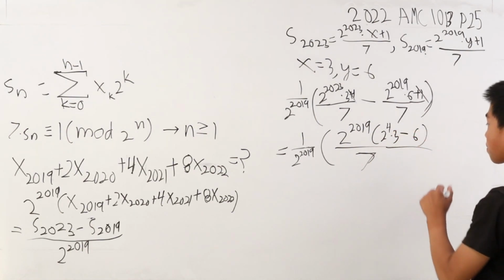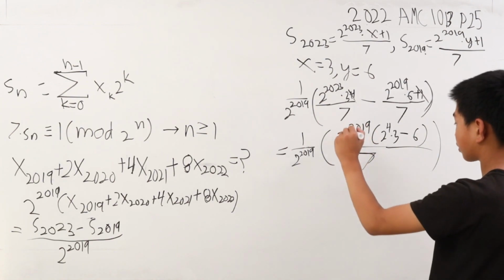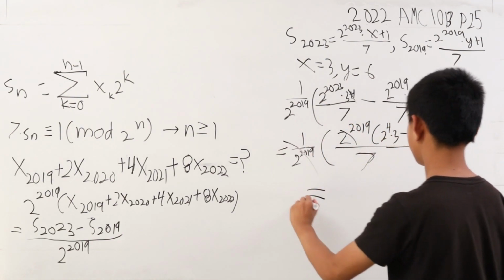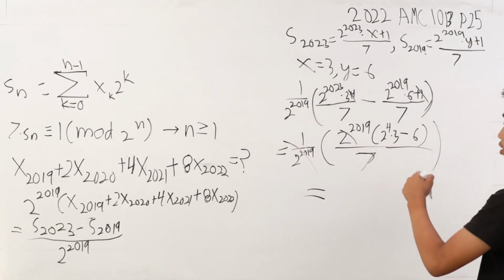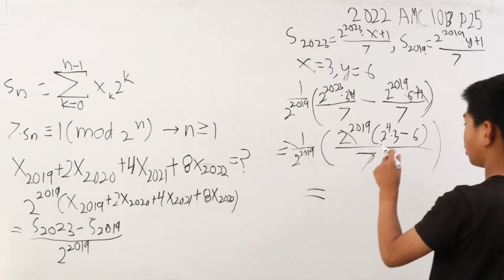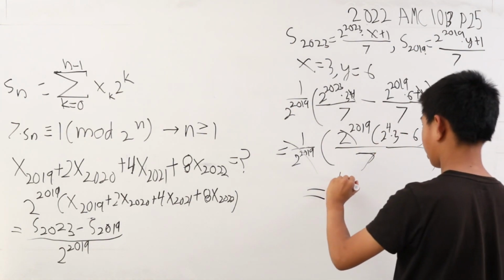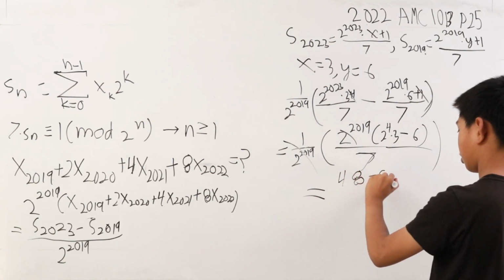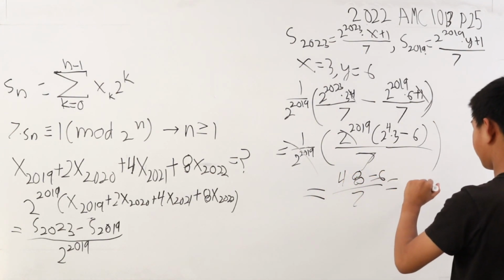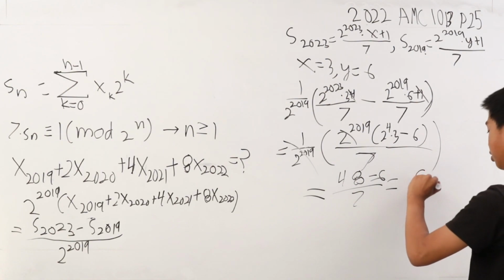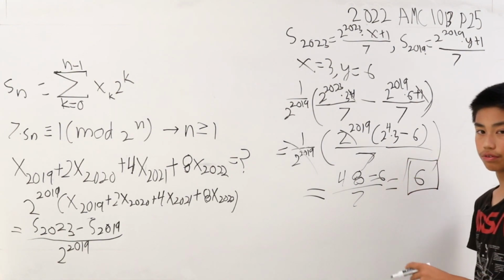Now, those cancel. We just get 2 to the 4th times 3 minus 6, which is 48 minus 6, which is 42, divided by 7, which will give us our answer, which is 6. We have done the problem.